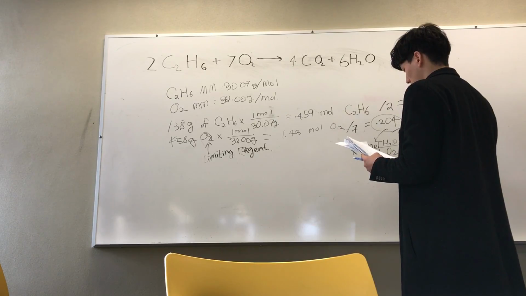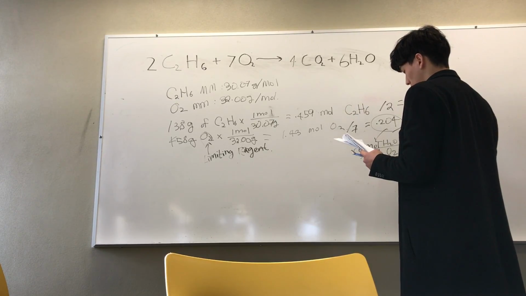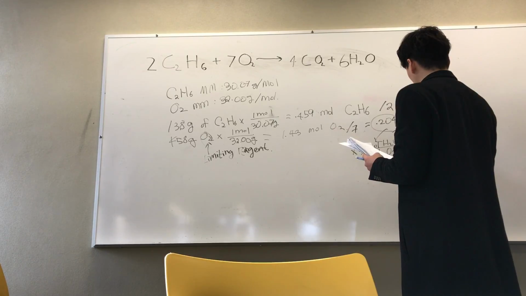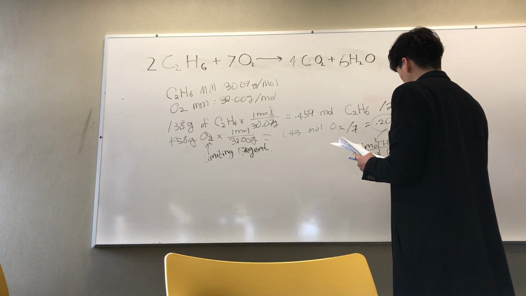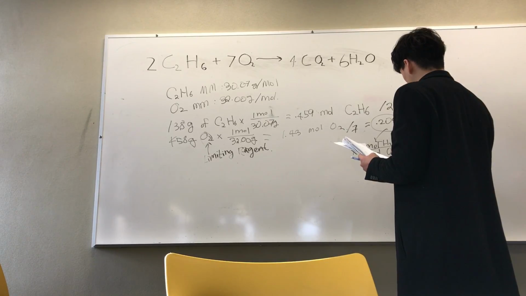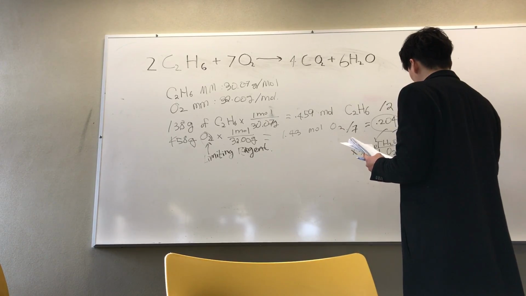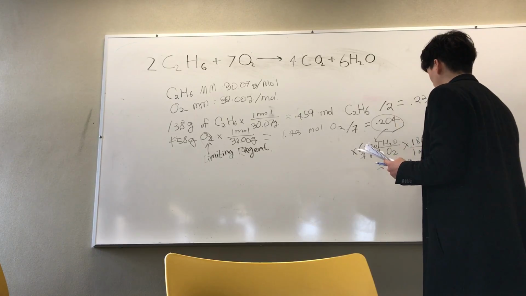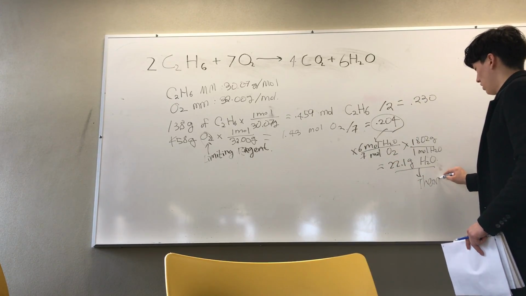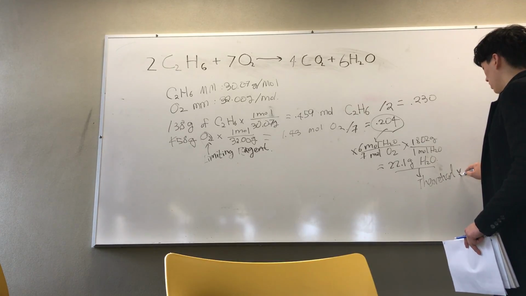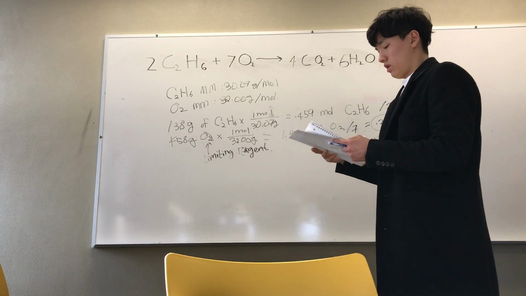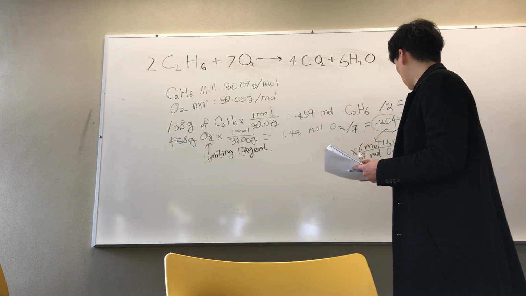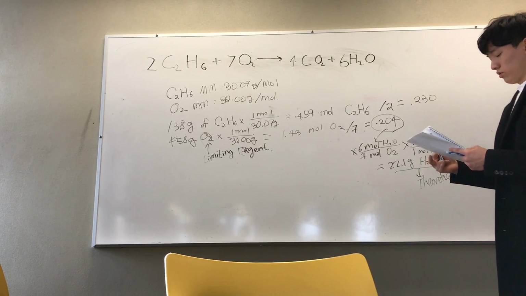And then, once again, we need to multiply this by 18.02 gram per 1 mole H2O, and that gives us 22.1 gram H2O for our theoretical yield, which means our oxygen gets used up completely. There will be 22.1 gram of H2O.